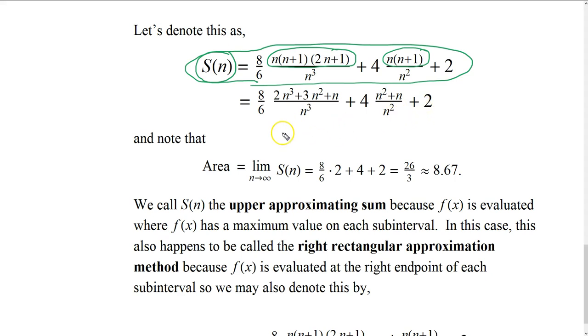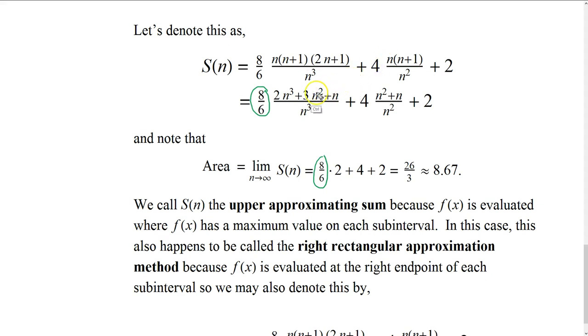Now notice, this is the important thing to note. If we take the limit of this quantity as n goes to infinity, notice what we get. As n goes to infinity, 8/6 doesn't change. So right there's our 8/6. This quantity right here, this rational function, notice the degree of the top is the same as the degree of the bottom.